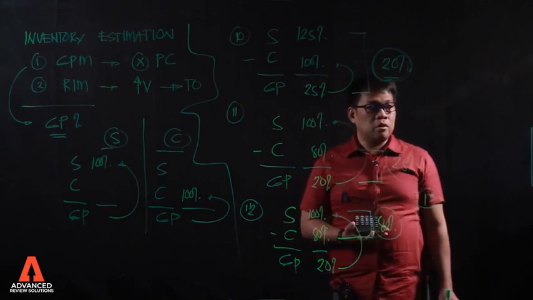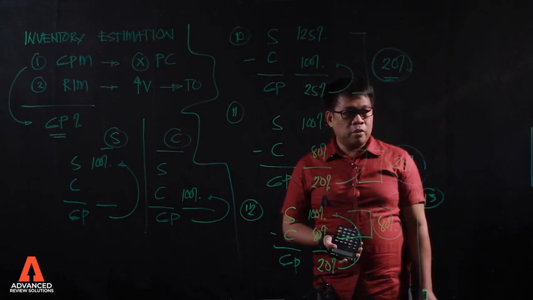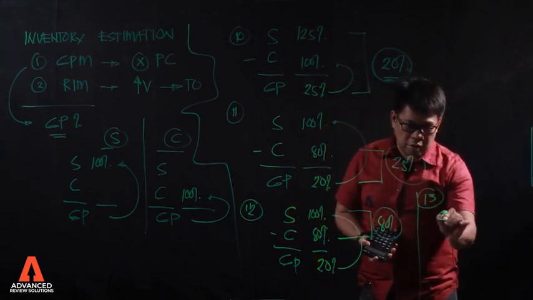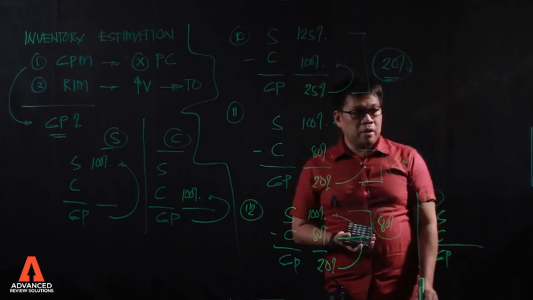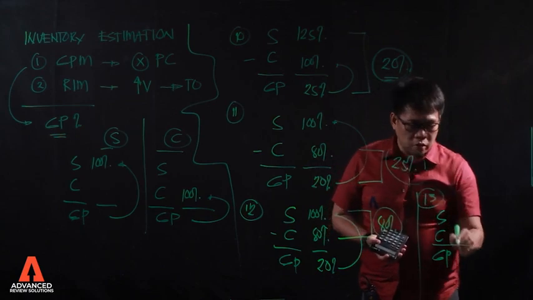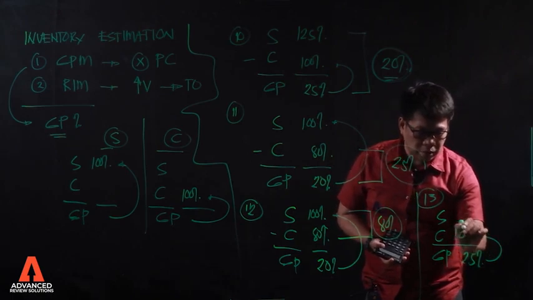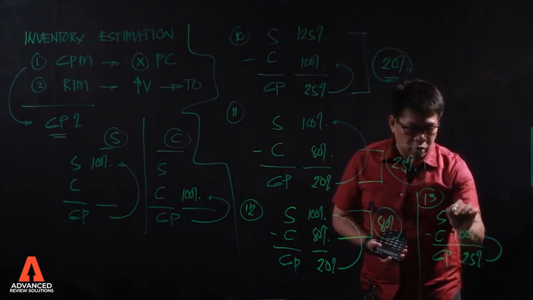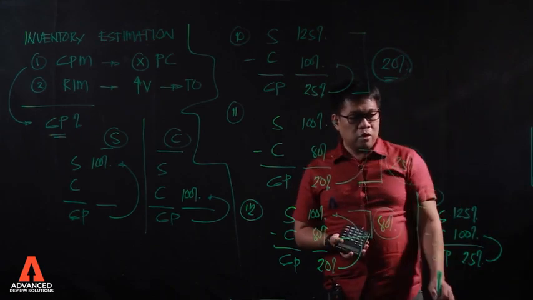Kaya dito sa item number 13, ang sabi niya sa'yo, if the gross profit rate based on cost is 25%, what is the cost ratio? Sales, cost of sales, and gross profit. Okay? Again, item 13, if the gross profit based on cost is 25%. So this is 25% based on what? Based on cost. This is 100%. So this should be 125%. Tinatanong niya ang cost ratio sa item 13.